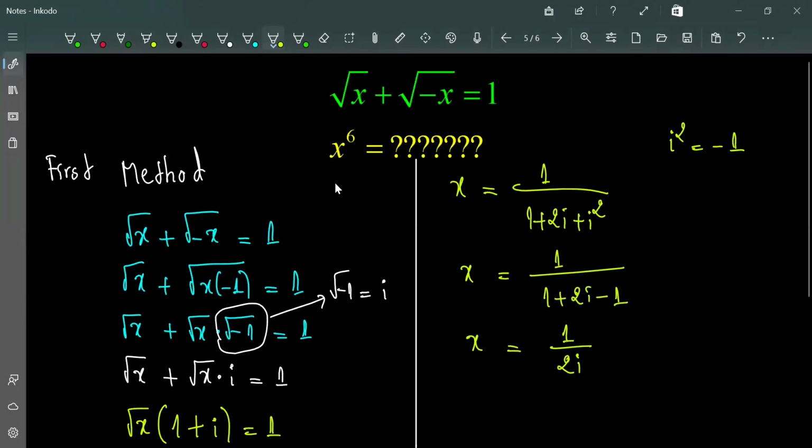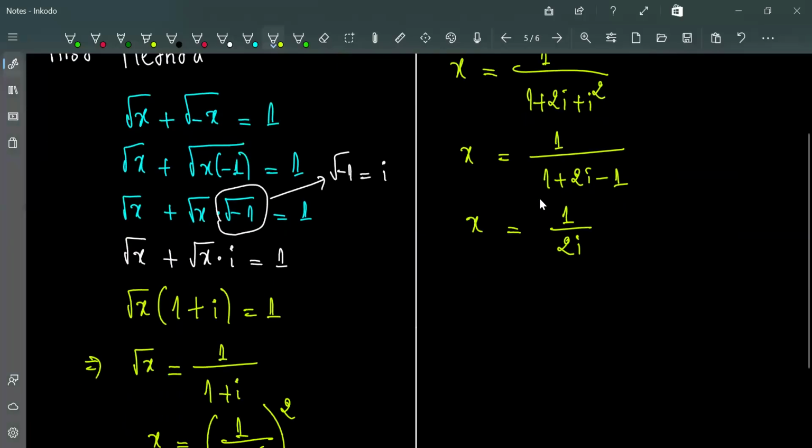So we want to know the value of x power 6. So right now we can raise both sides to the 6th power. So it's going to be x power 6 equal to the 6th power of 1 over 2i.